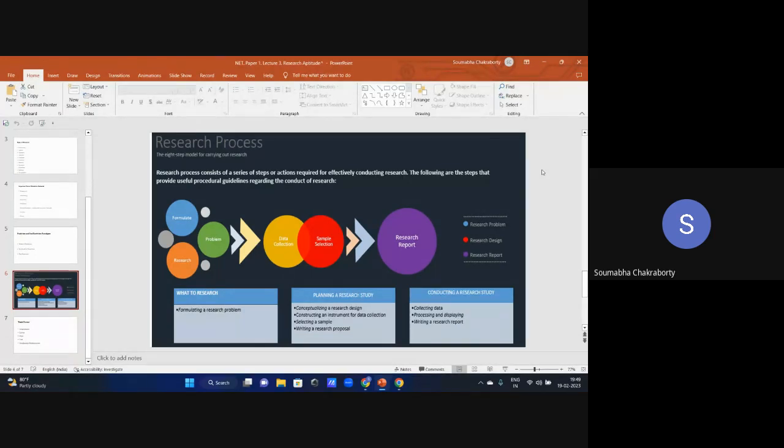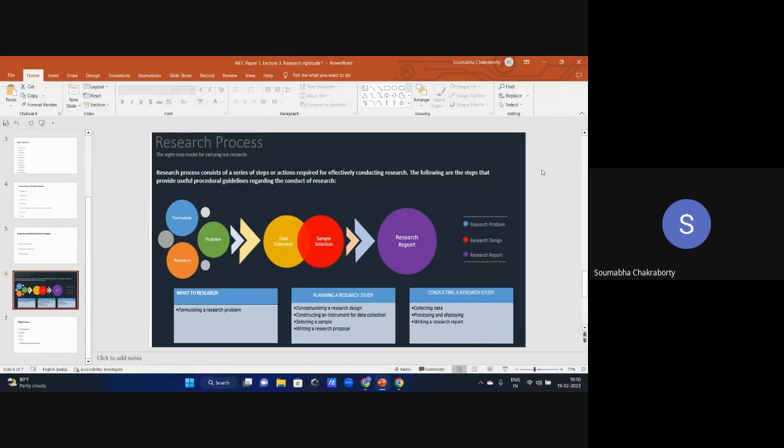Now, many methods could be used, sometimes together, to gather the required information. You can use both questionnaires and interviews to gather particular information, or you can do only focus group discussions for a particular gathering of information.